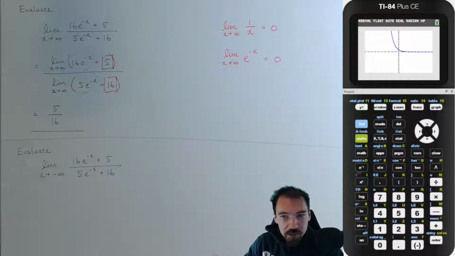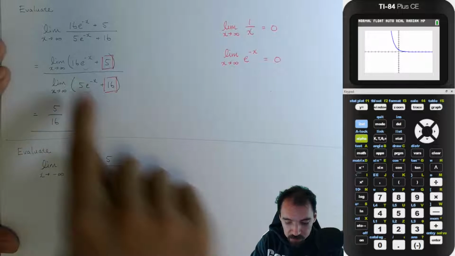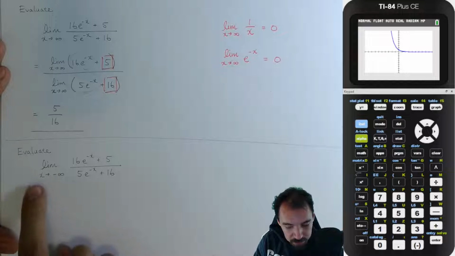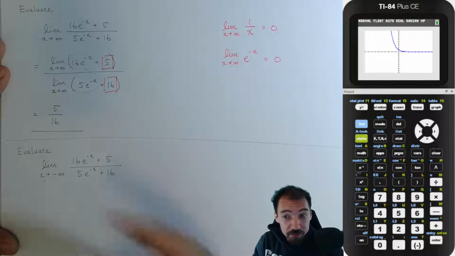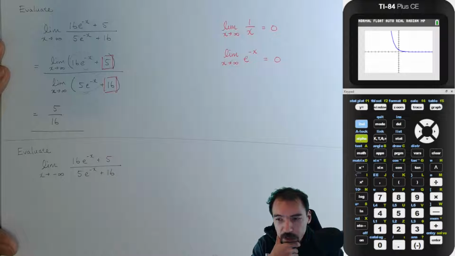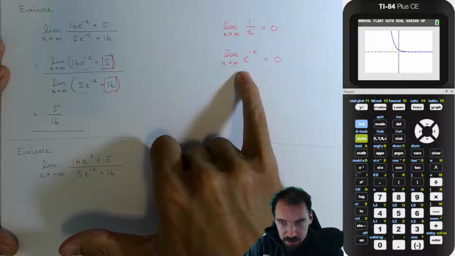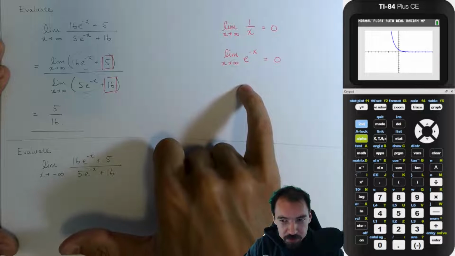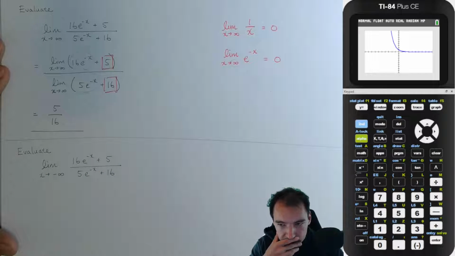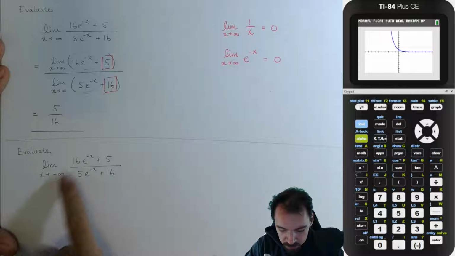Okay, so we're going to get a little cheeky here, and we're going to do a similar problem, except this time we're going to let x go to a super negative number. So we're looking for the left end behavior, as x goes way far to the left. Now, here's the problem. This logic hinged on if x is a big number, we're dividing by a big number, so we're close to 0. But what if I try to put a negative number into here?